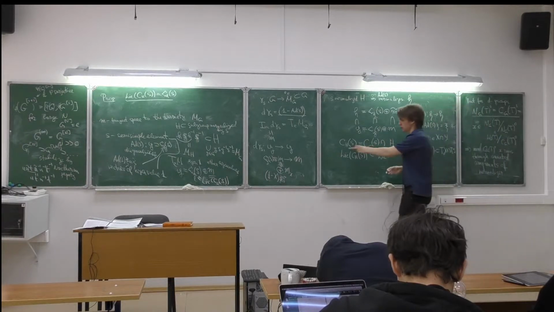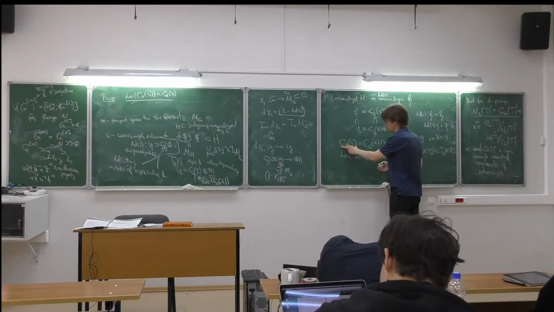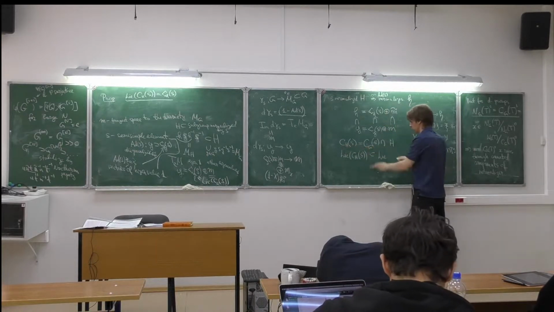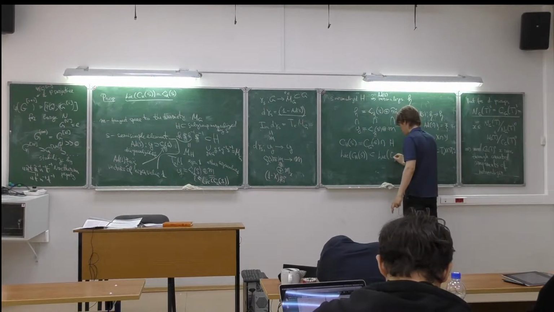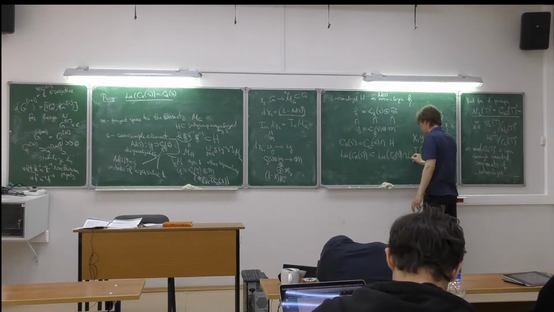So if the Lie algebra is just the tangent space to this group, then the tangent space to this group sits in the intersection of these Lie algebras.